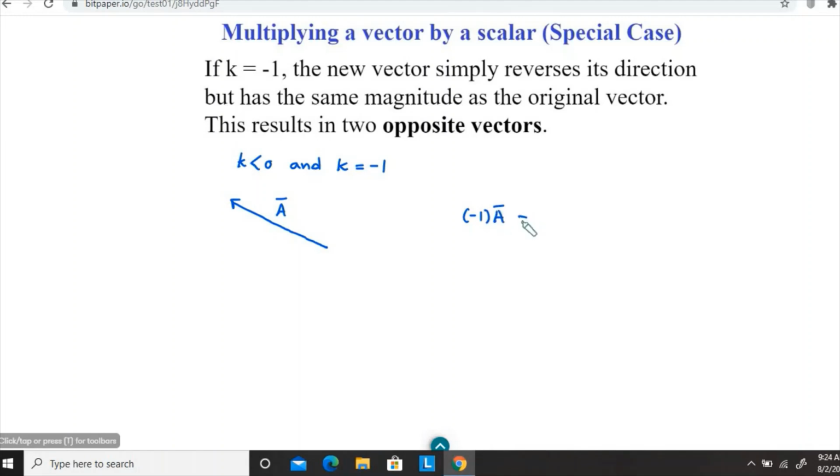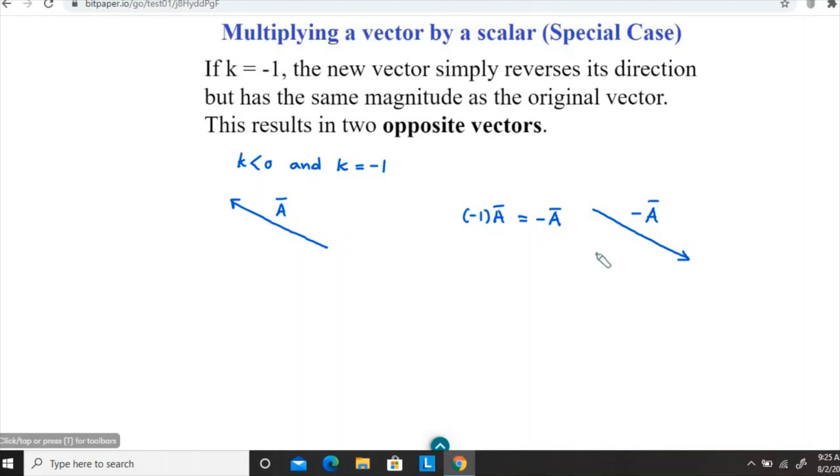As a result, the new vector is going to be negative A vector. Negative A vector has the same size as the original vector, but its direction is completely reversed. So that's the importance of this vector.